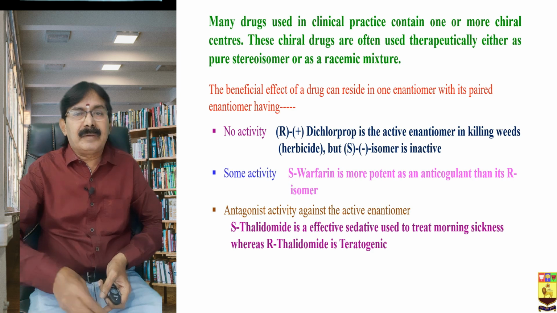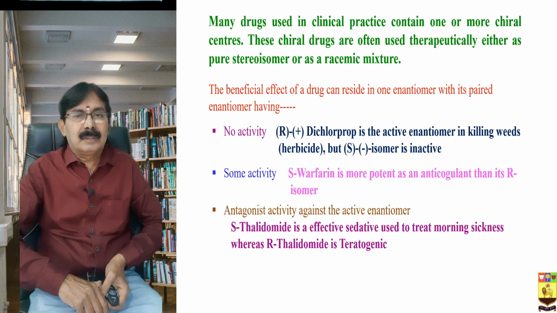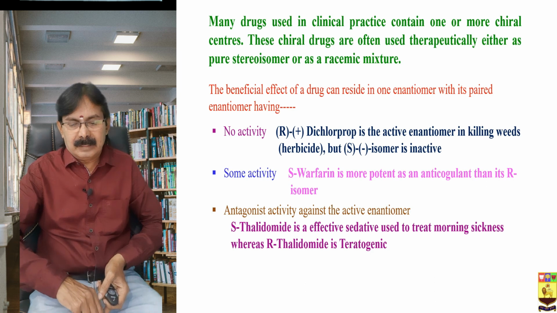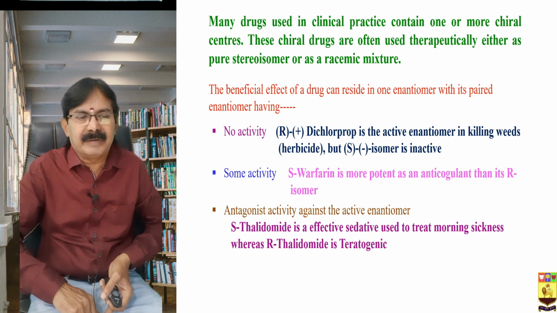If you take it as a racemic mixture, the S-thalidomide is the effective sedative used to treat morning sickness, whereas the R-thalidomide ends up being teratogenic. That means a genetic disorder, that is, we call it a birth defect.